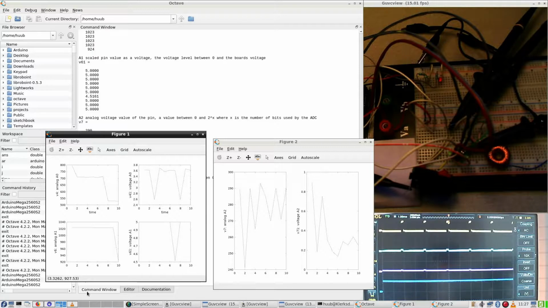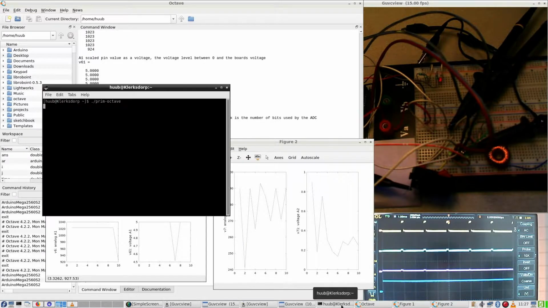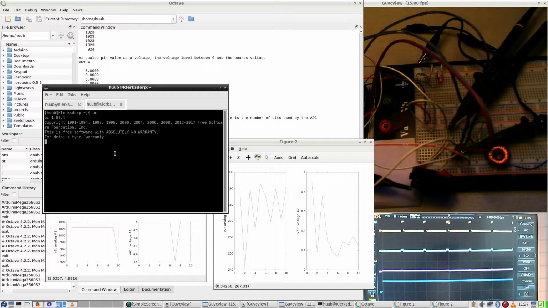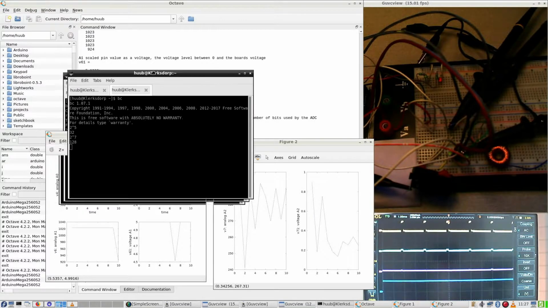I should know it by heart, by the way. 2 to the power 5, so 7 is 128. Is this 128?